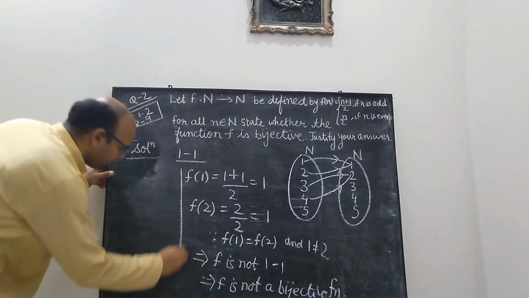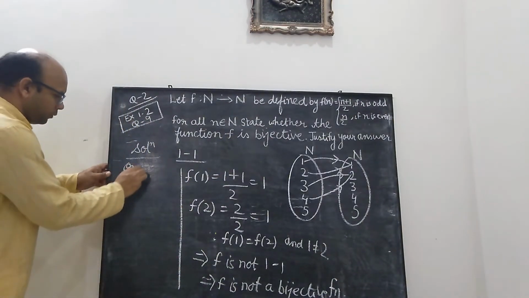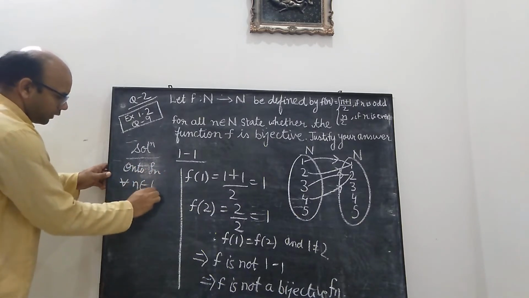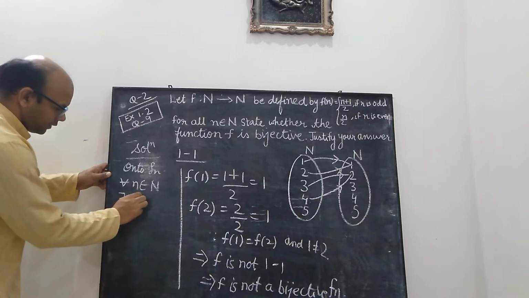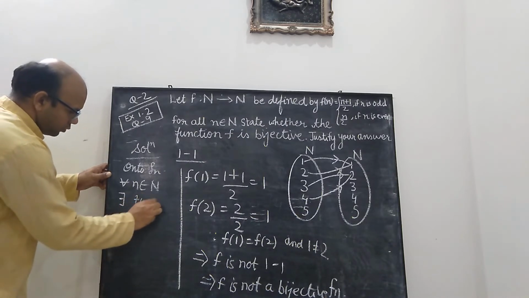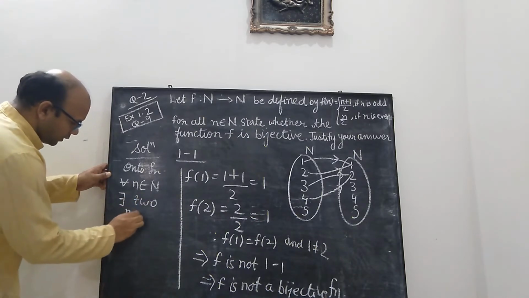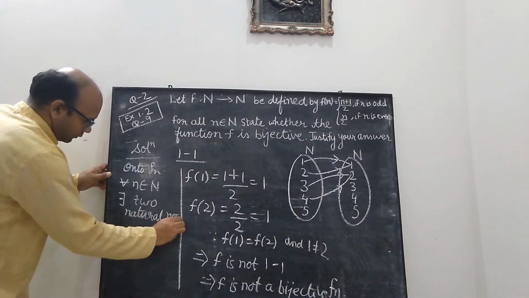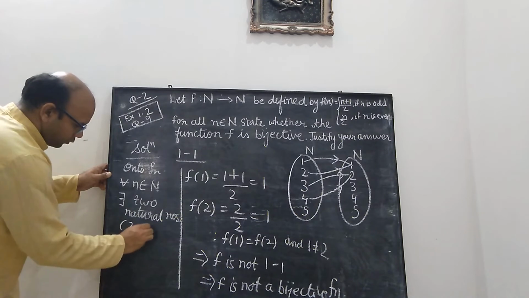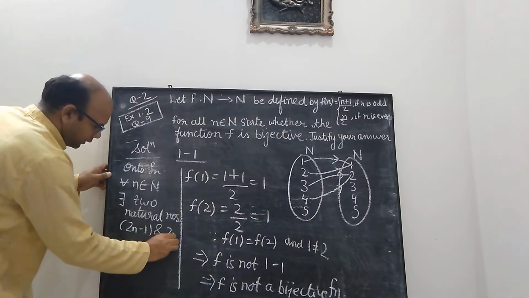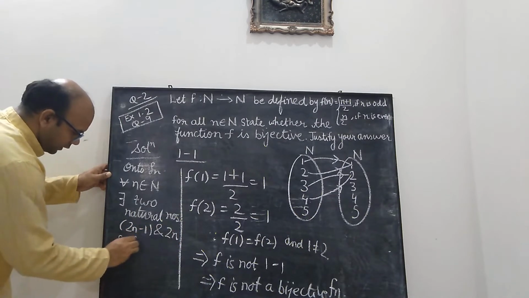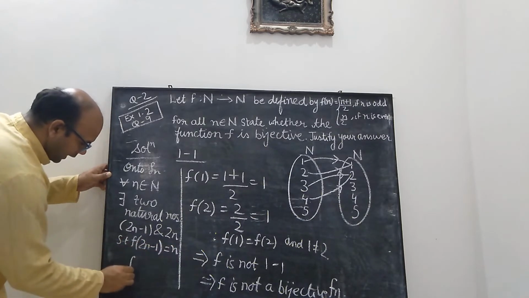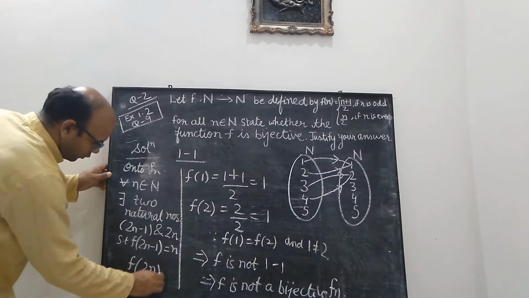Now, if someone asks how to prove it to be an onto function, you can say: for every small n belonging to capital N, there exist two natural numbers, 2n minus 1 and 2n, such that f of 2n minus 1 is equal to n and f of 2n is also n.